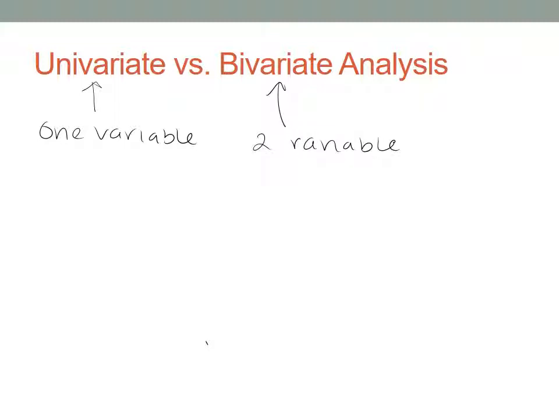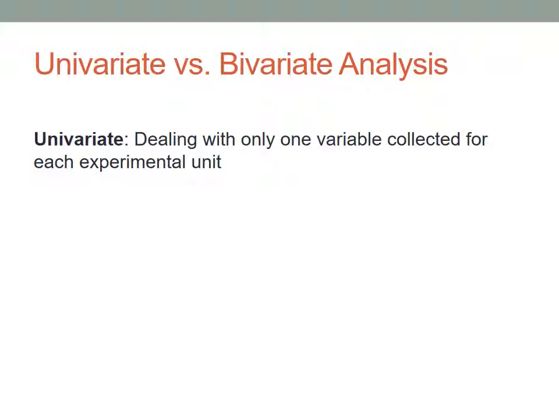So in univariate analysis, I'm just gathering information on one variable for every experimental unit. So maybe I just want to know for every experimental unit, let's go to an earlier example, what's their shoe size? I could do this quantitatively, categorically, whatever, but it's just how many variables you're gathering.